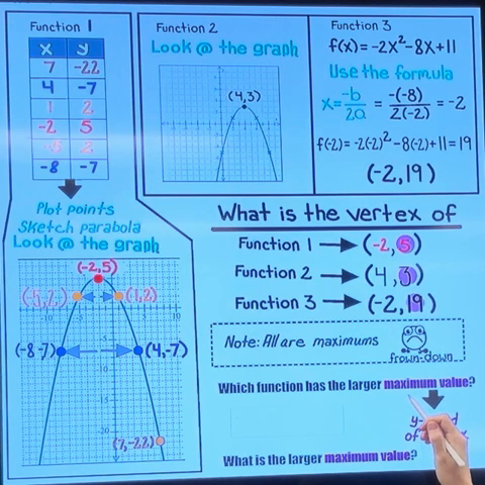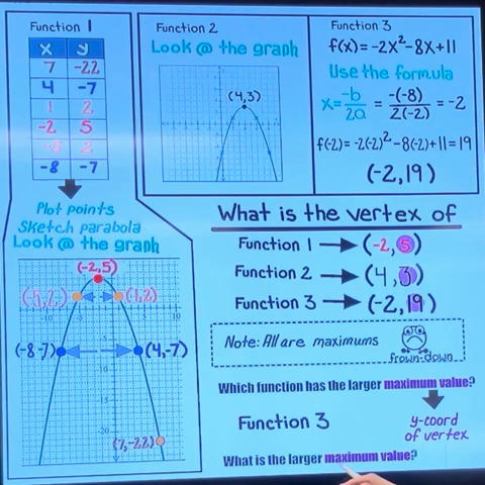So the larger, the furthest number to the right on the number line, maximum value, y-coordinate of my vertices, that is this one. 5, 3, 19. 19 is the larger one. So that happens to be function 3. And what is the larger maximum value?